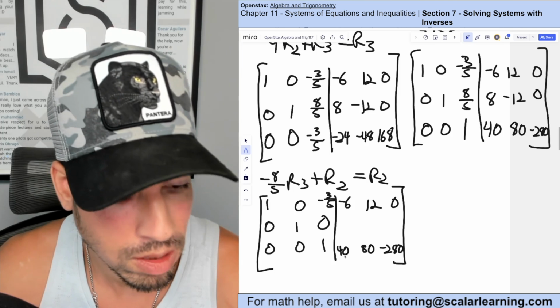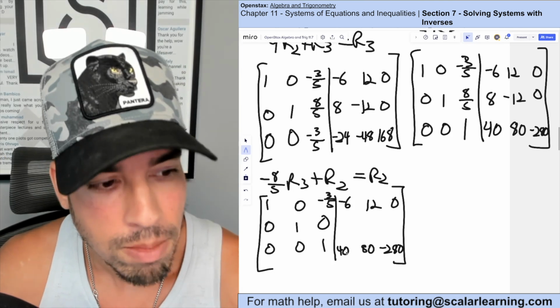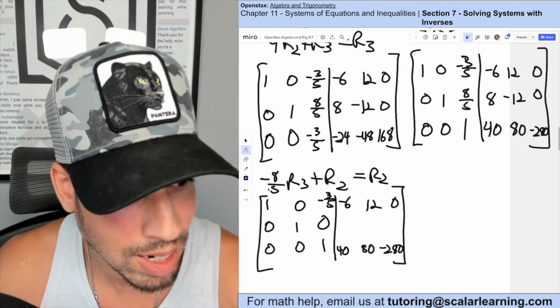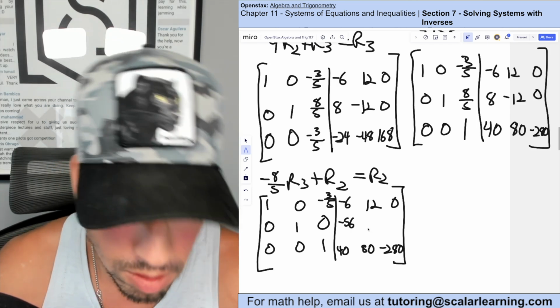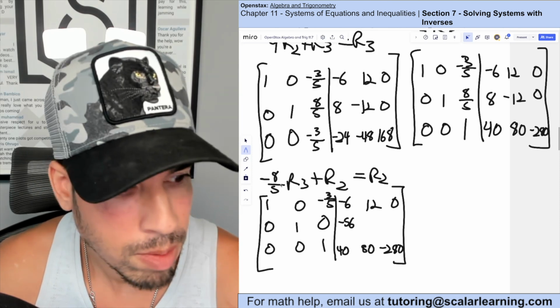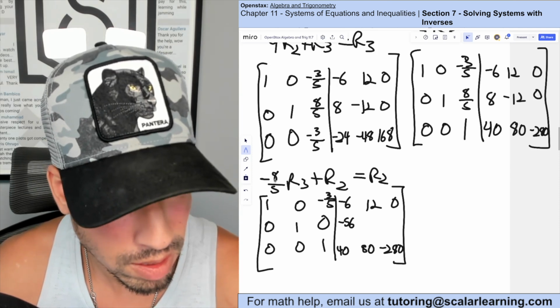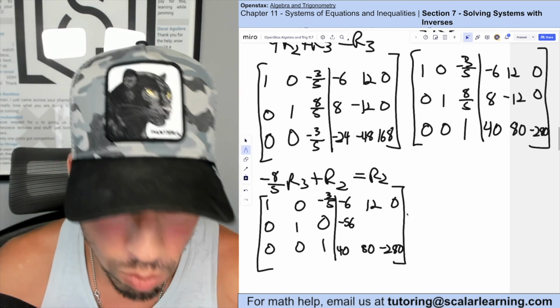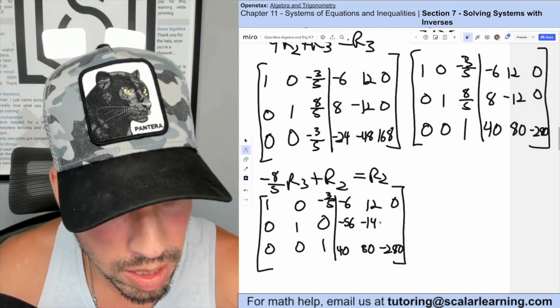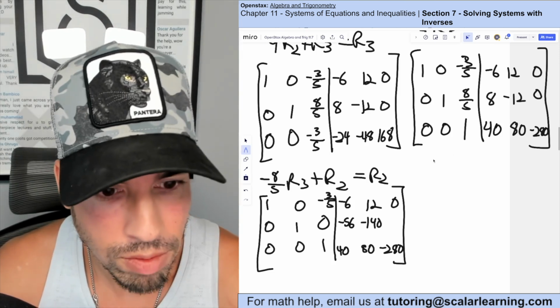Negative 8/5 times 40. That's divided by 5, which is 8 times negative 8 is negative 64 plus 8 is negative 56. This times 80 divided by 5 is 16, times negative 8 is negative 128, plus negative 12, negative 140. And then we have that times negative 280.